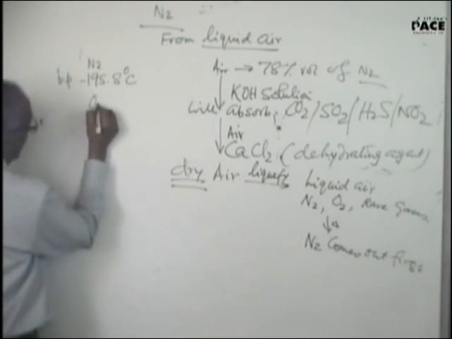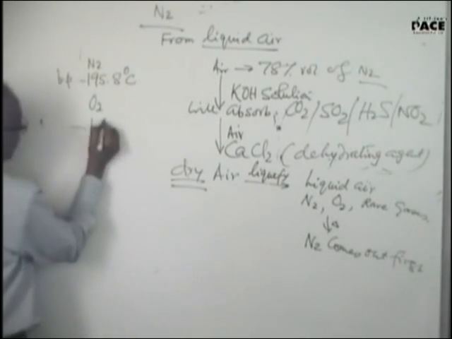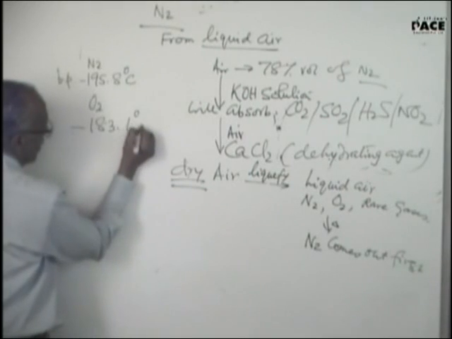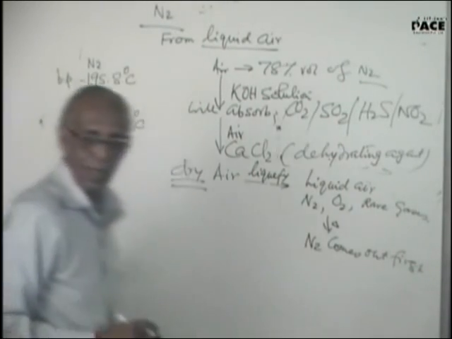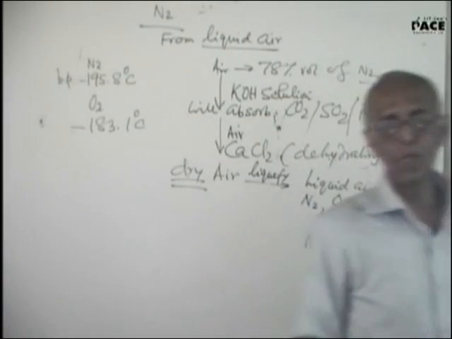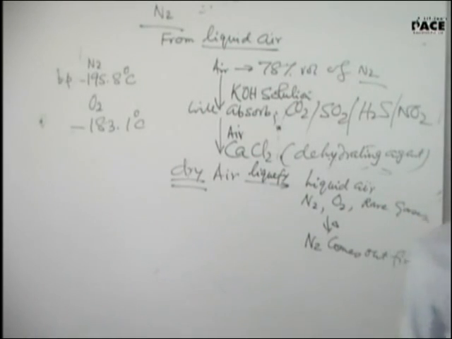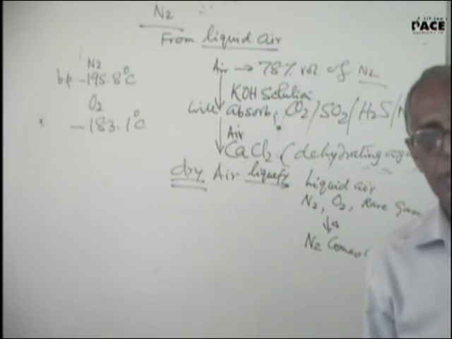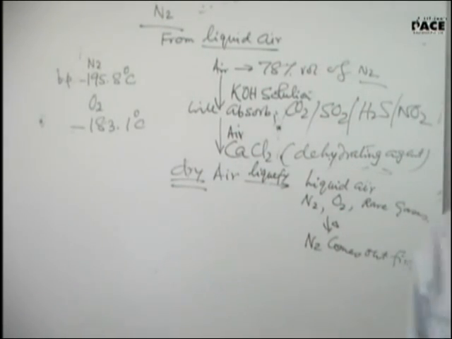The boiling point of oxygen is minus 183.1 degrees Celsius. Between nitrogen and oxygen, which has a lower boiling point? Nitrogen. Why does nitrogen have a lower boiling point?